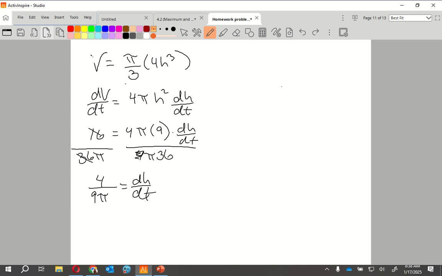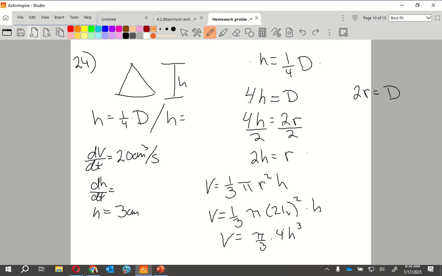Are you good, Vincent? You said dV/dt is... Is dV/dt given 16? Yes. That's right here.